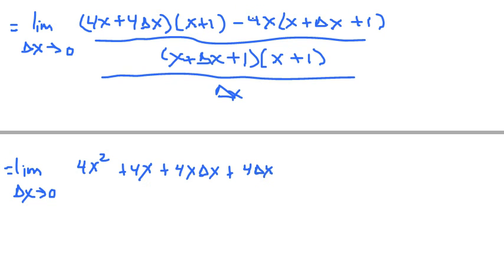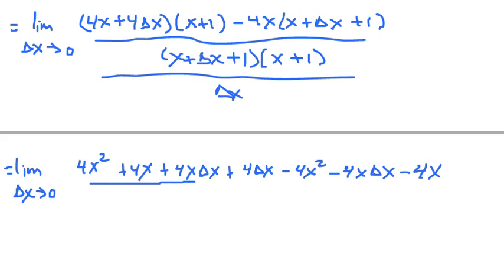Okay. And then distribute this across, so we have minus 4x squared minus 4x delta x, and then minus 4x. That would be the negative 4x times 1 there. Alright, so we get a bunch of stuff to cancel out now.